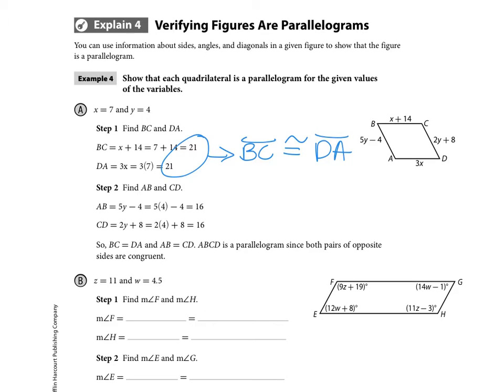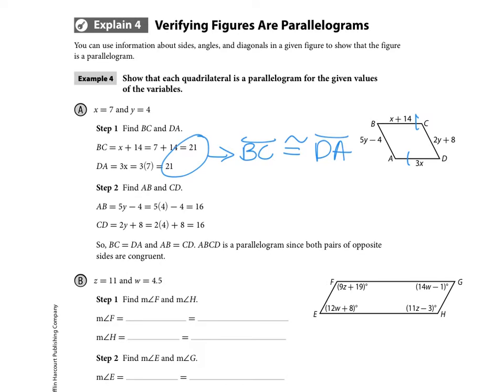So that's important first, and you can go ahead and, if you want, add those tick marks onto the diagram once you've proved it. Then step 2, we're going to use our y value, so we plug that into the expressions for AB and CD. AB is 5 times 4, or 20, minus 4, and we get 16.